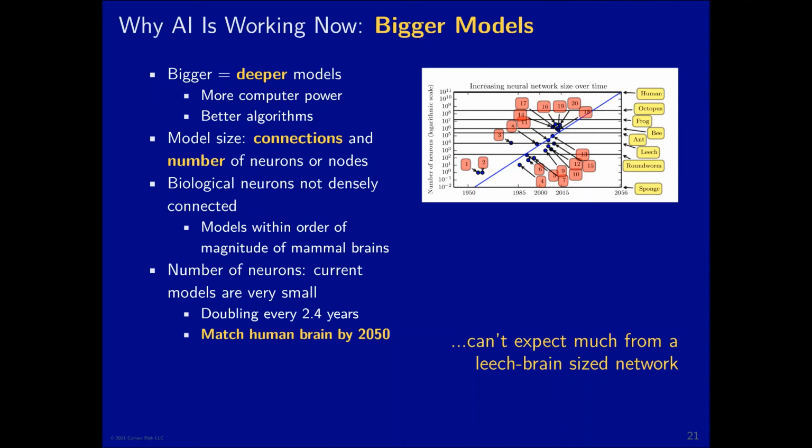And it shouldn't be a stunning surprise that when you're dealing with a mechanical brain that's about as complex as a bee brain or an ant brain, it maybe can't achieve that much, other than in certain very specific areas. However, the current progress is that we've got a sort of Moore's law thing going on here. The number of neurons in the models is doubling about every 2.4 years. So we should get up to human brain levels of complexity by 2050.